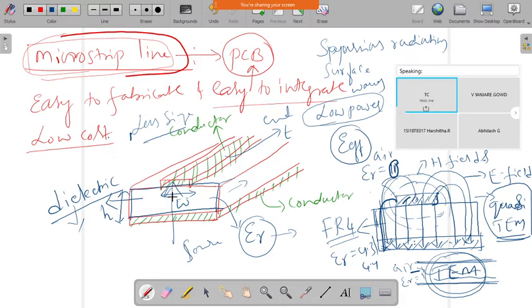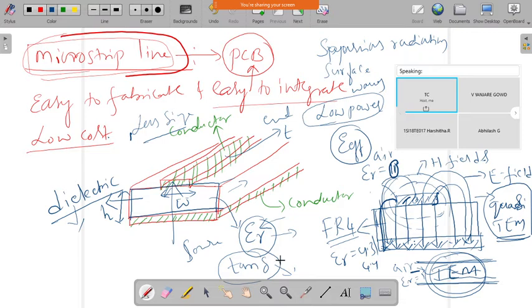The dielectric used in fabricating this microstrip line is characterized by epsilon r, which tells us the dielectric material behavior, and there is one more factor called tan delta.